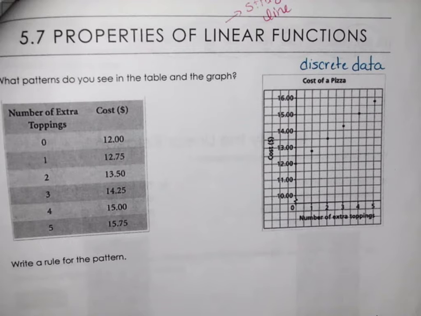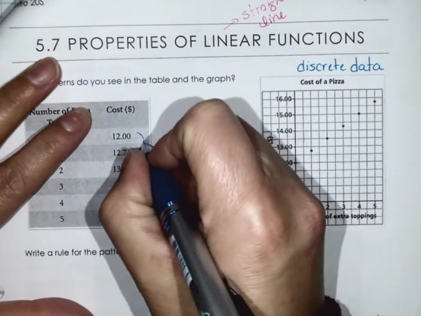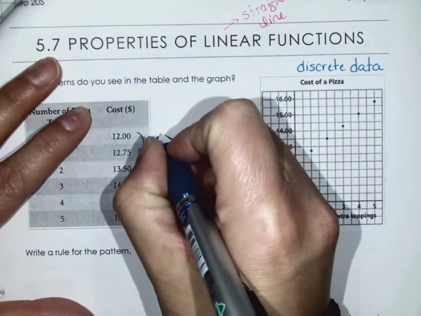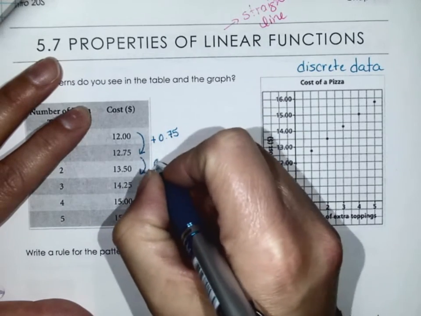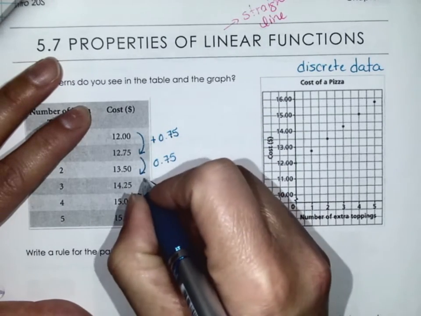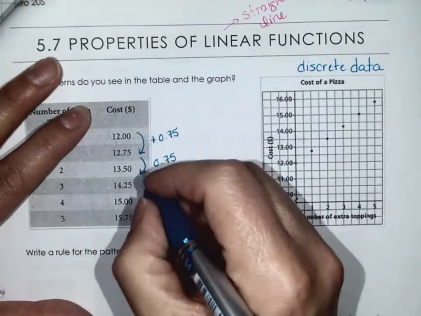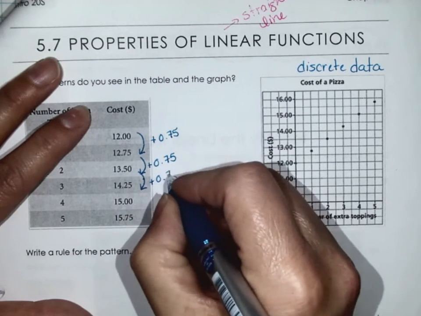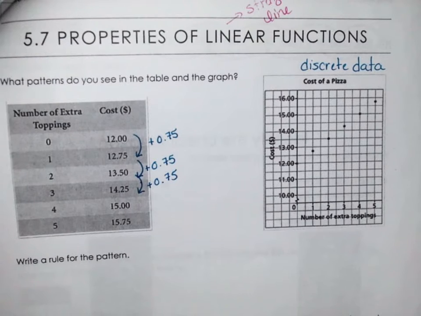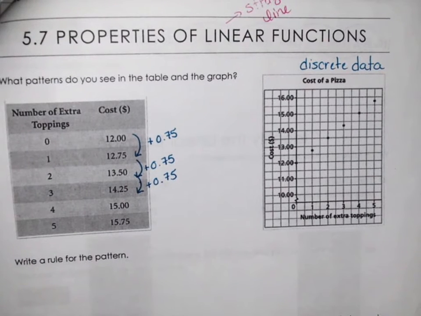For the cost or dependent values, we can see that it increases by 0.75 every time. Right, so every time we're going up here, we're adding 75 cents every time. So every time we're going up and up and up by 75 cents.